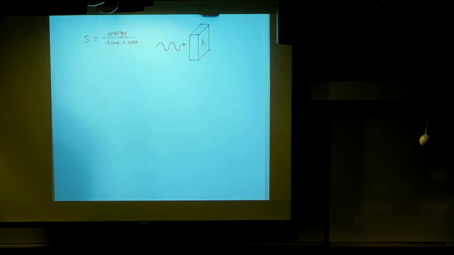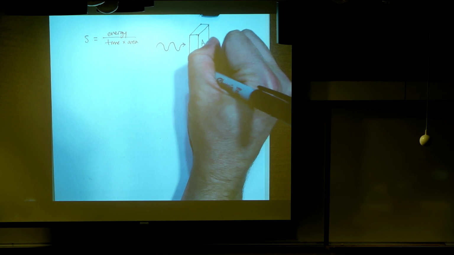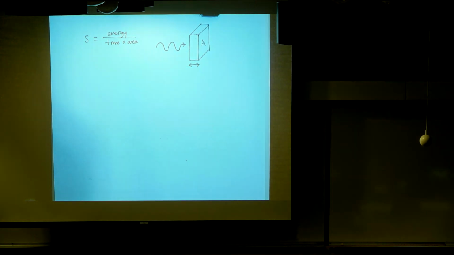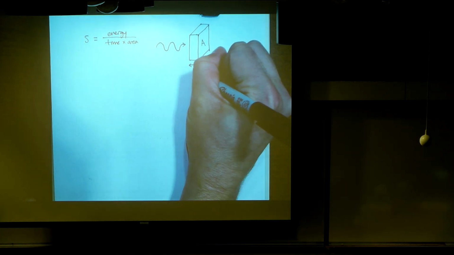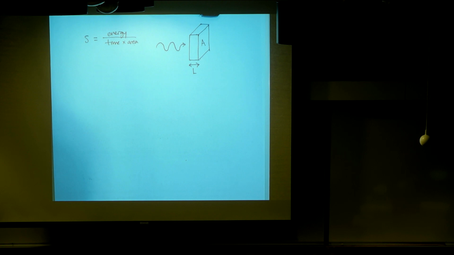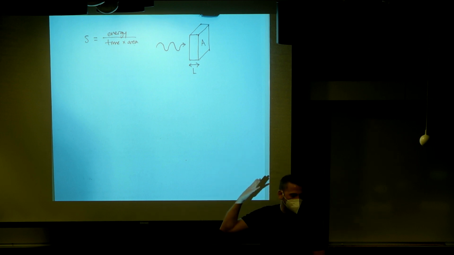Okay? Let's also label right here that the surface has some kind of length to it. Okay? Now, how do we want to think about this length? Well, of course, the longer we wait, or the longer the time interval we consider, the more energy is going to pass through the surface, right?